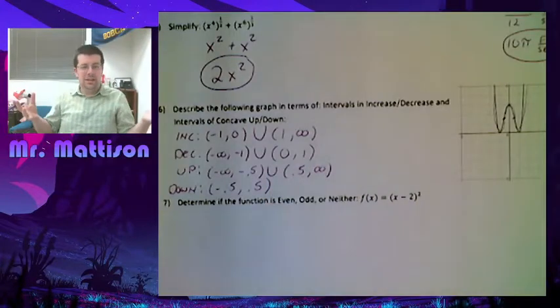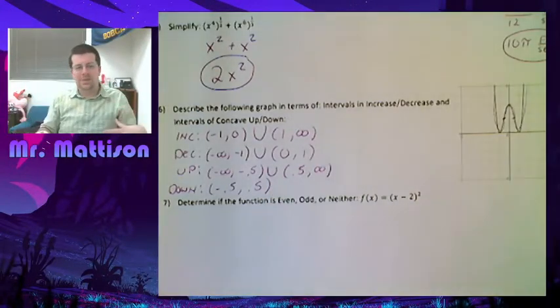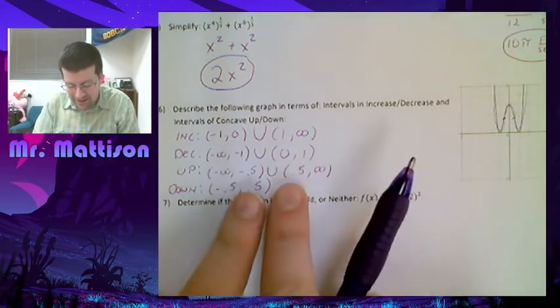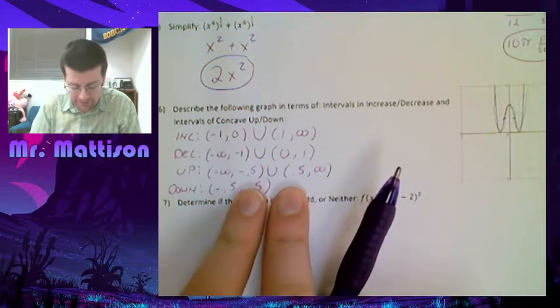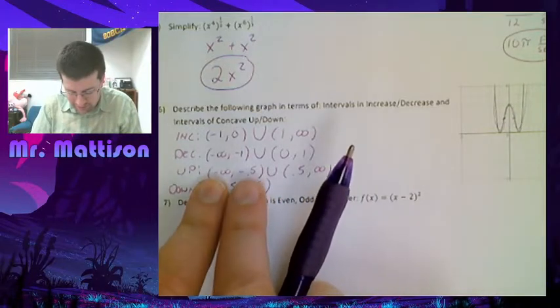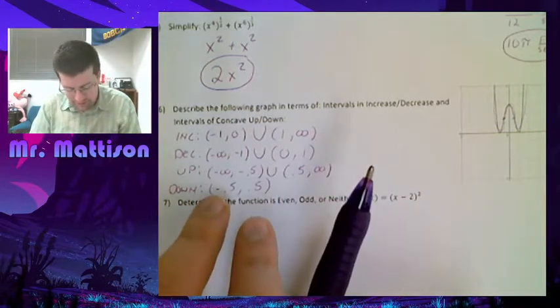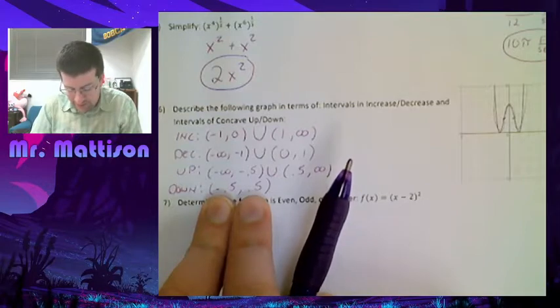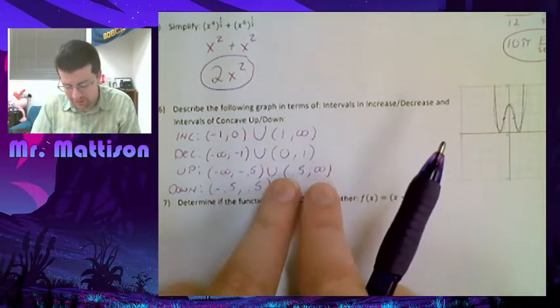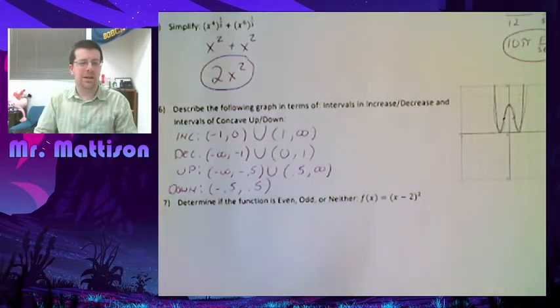So everything is covered there, right? There's no gaps, there's no overlaps, there's no stuff like that, right? That same thing should happen here for my concavity. I'm up from -infinity till -0.5. Then from -0.5 to positive 0.5, I'm down, and then from positive 0.5 to infinity, I'm back to being up. So again, there's no gaps there, and there's no overlaps.